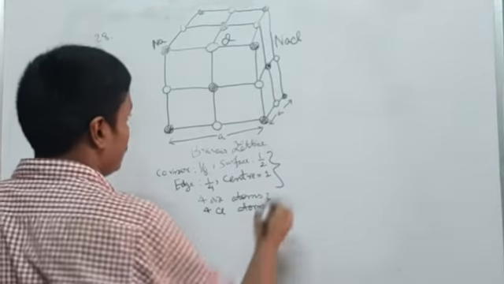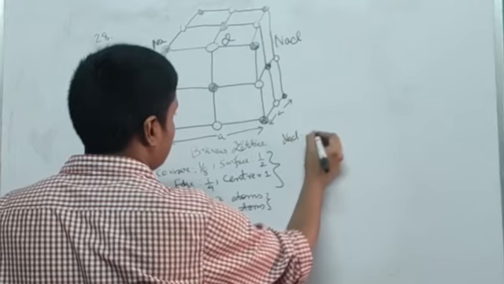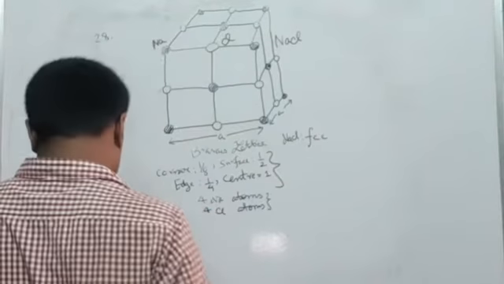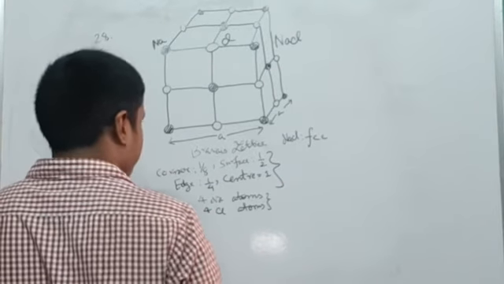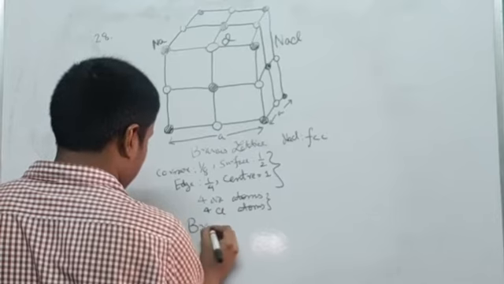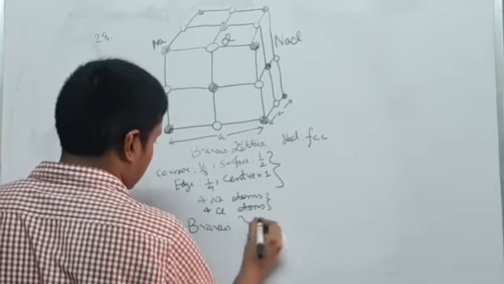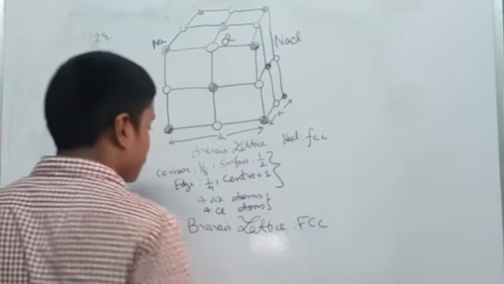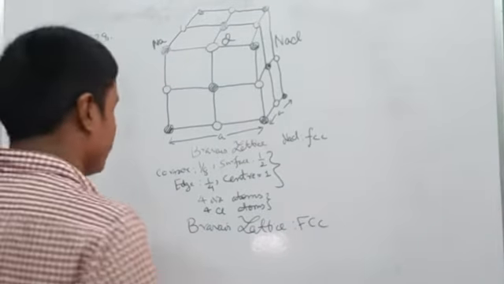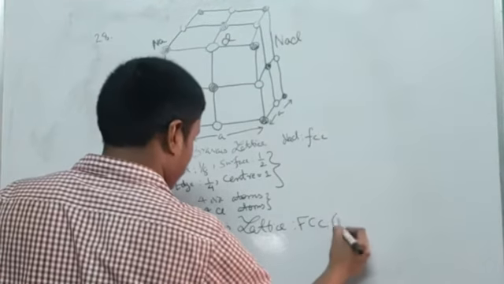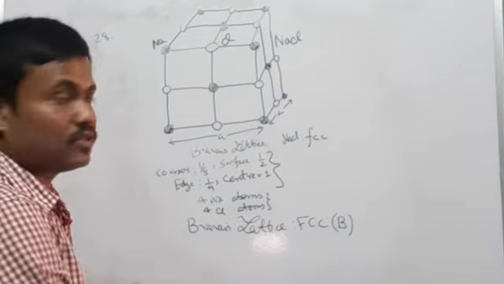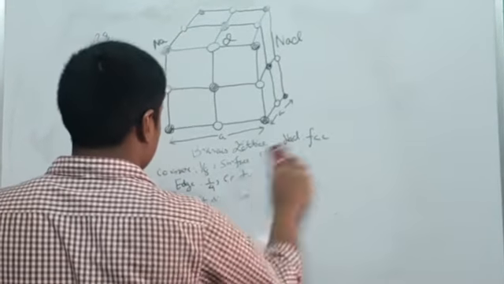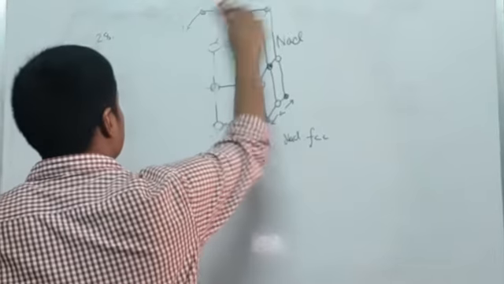The structure of NaCl is face-centered cubic, FCC. So in this case, the most probable Bravais lattice is FCC as well, face-centered cubic, and that is our option B. So this concludes our problem 28. The Bravais lattice of this kind of configuration is FCC.